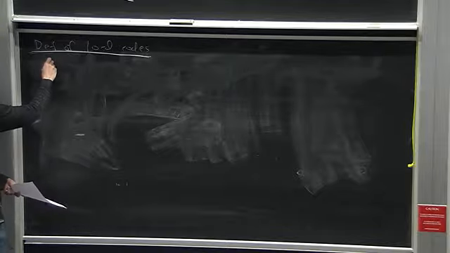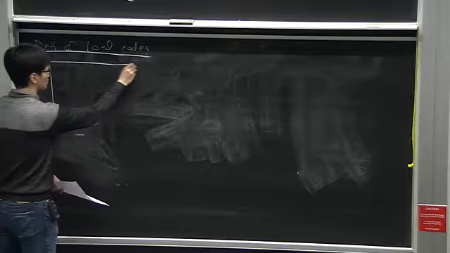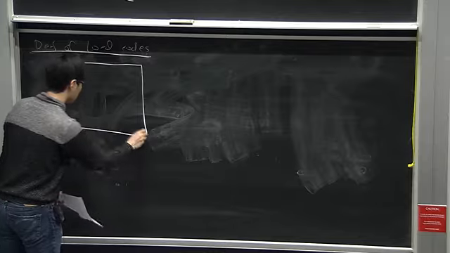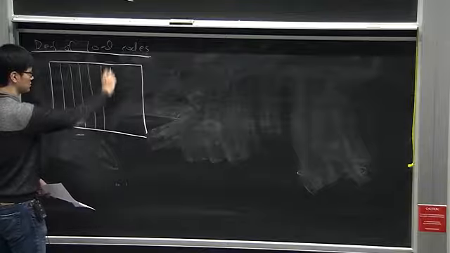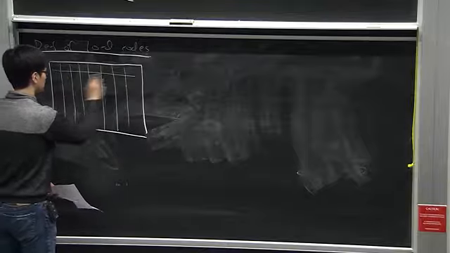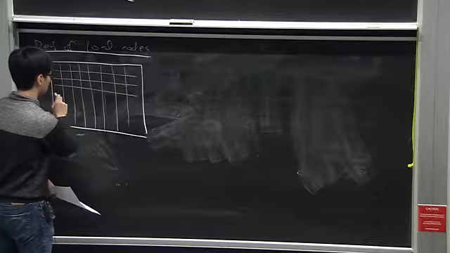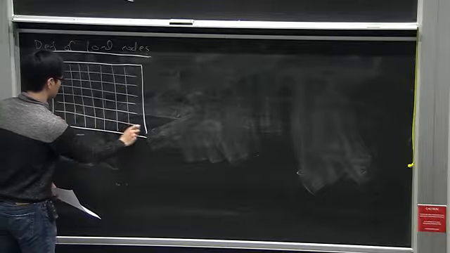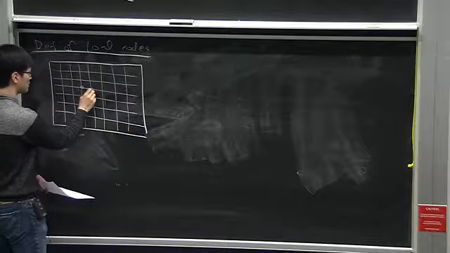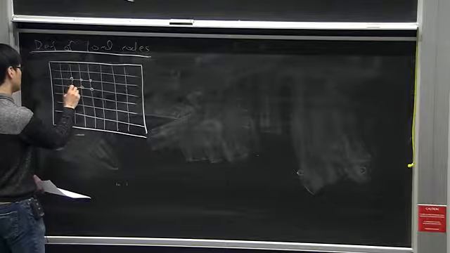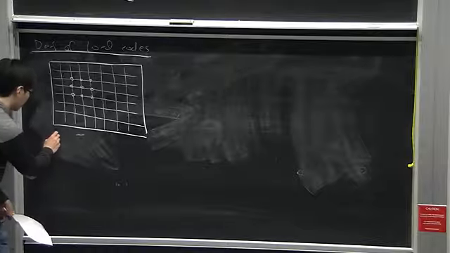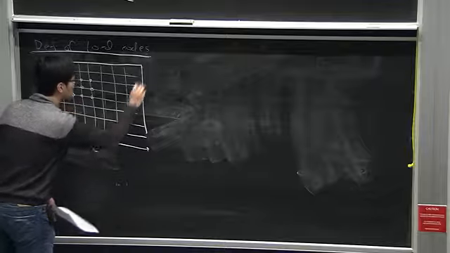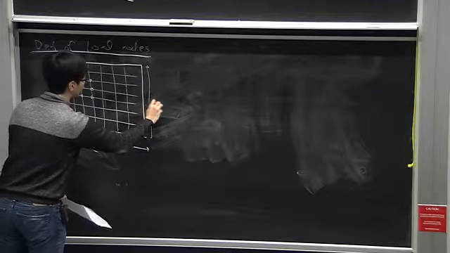So I'm going to illustrate the definition in a two-dimensional system. Consider a two-dimensional square lattice, and we place qubits on vertices. Okay. And there are L by L qubits.